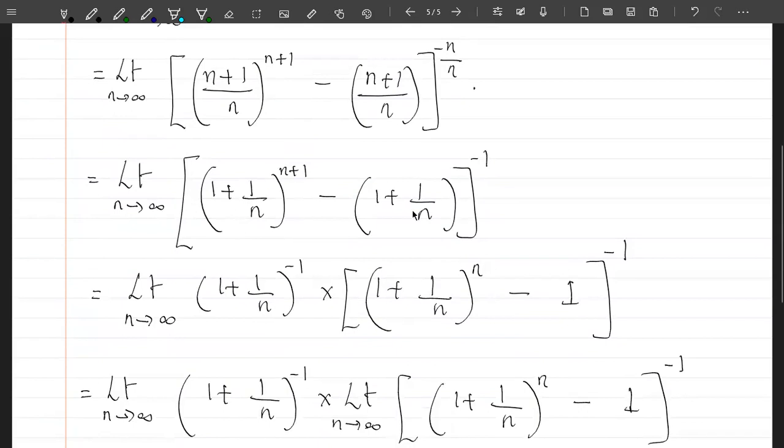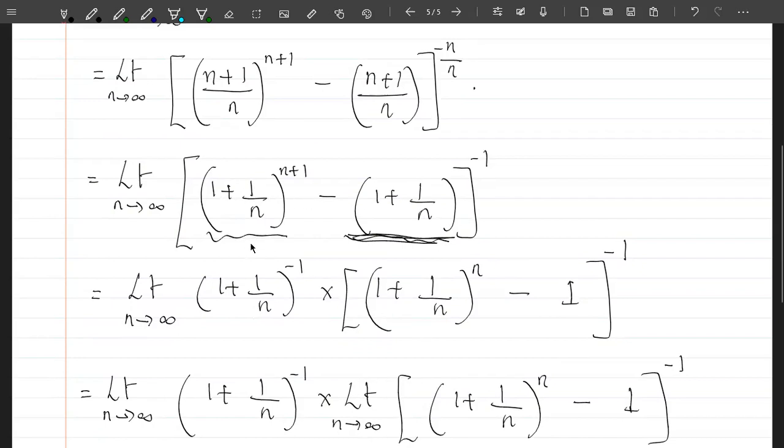So now in the next step, what I can do here is, out of these terms over here, I can take 1 plus 1 by n out. So if I take this particular term outside, what will I get? I get this particular term, but with this particular power, which is minus 1. So I get (1 plus 1 by n) power minus 1, and I get this term as well as this term here.